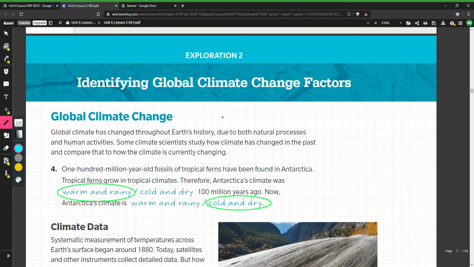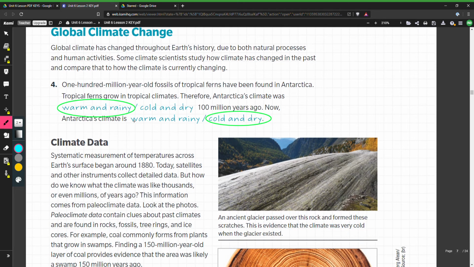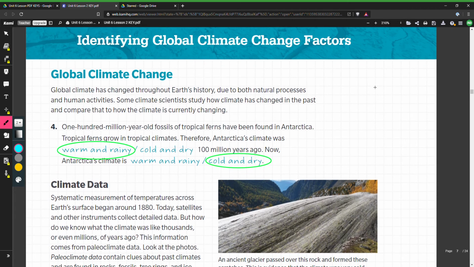So, Exploration 2. Exploration 2 is about global climate change. This says that 100 million year old fossils of tropical ferns have been found in Antarctica. Again, you go into this a lot in the future, I know, as a 7th grade teacher.